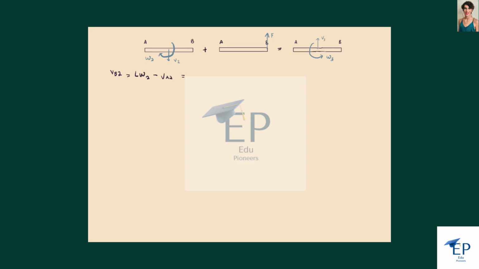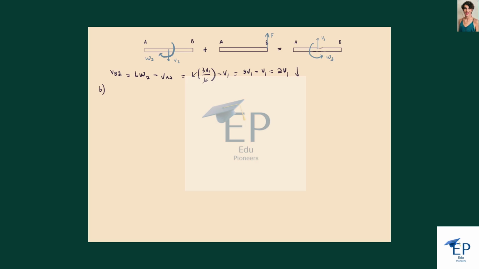So this is equal to L times 3 v1 over L minus v1. So this is 3 v1 minus v1, that's 2 v1 directed downward. We will use this for letter B.